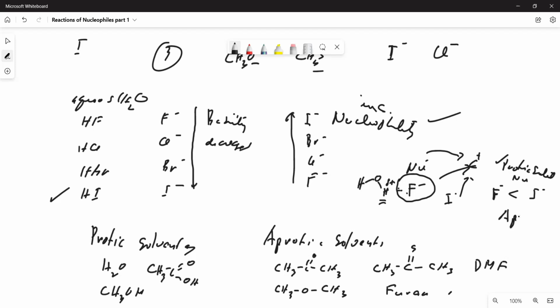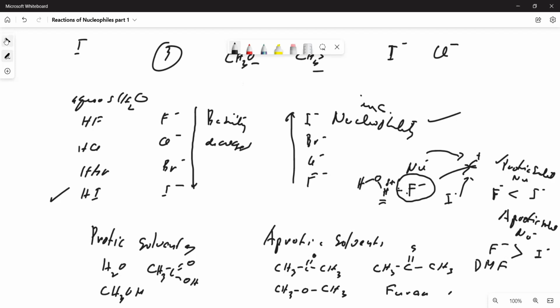But in aprotic solvent, if you compare the nucleophilicity of fluoride and iodide, the fluoride will be more nucleophilic than the iodide. How do you get that?